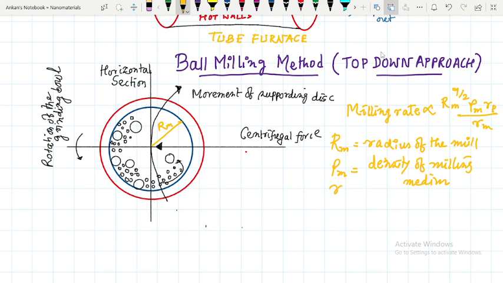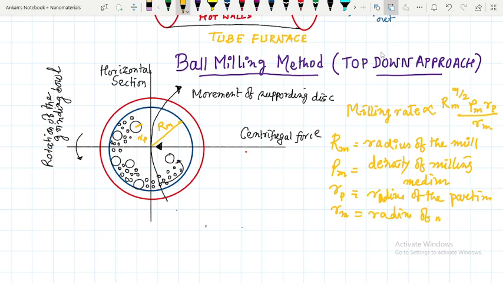Rp is the radius of the bulk material particle, and small rm is the radius of the milling media.